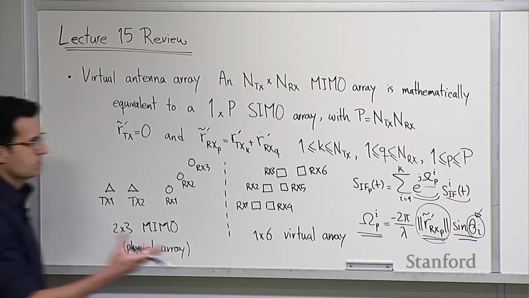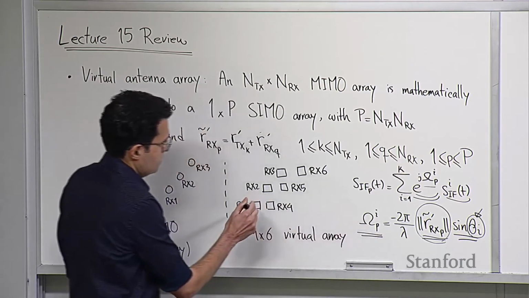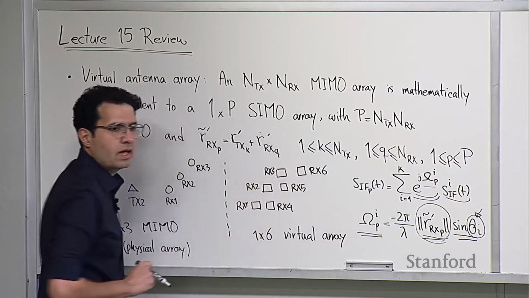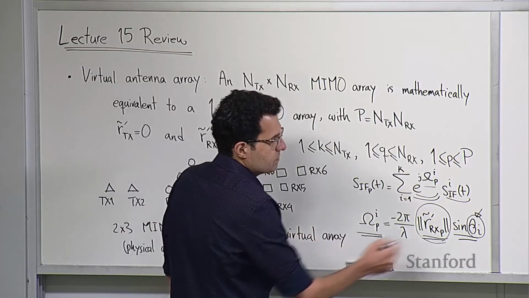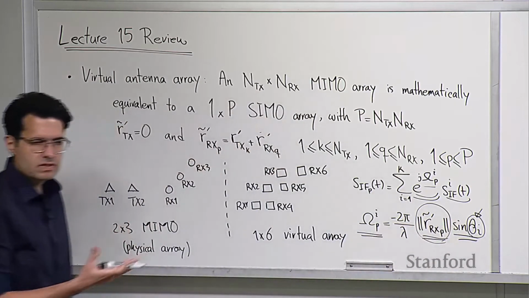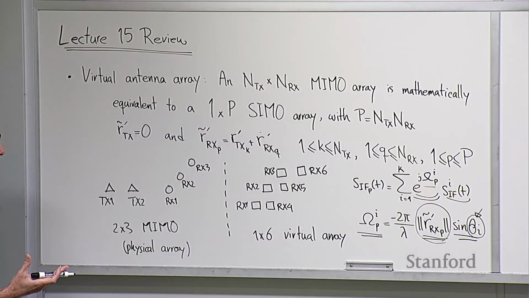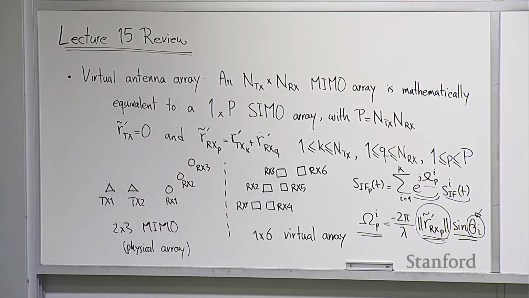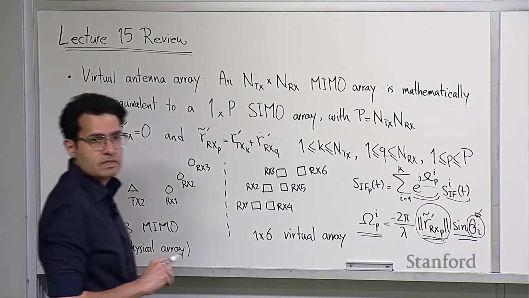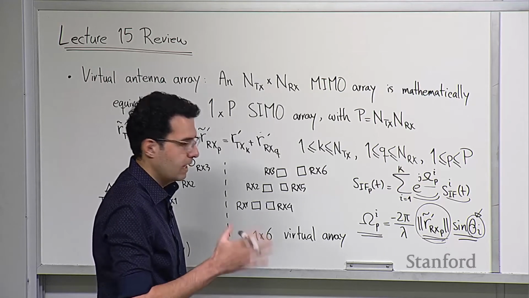And by geometry, I mean these positions. Here, the fact that they're positioned diagonally also affects the phases that you receive, in addition to the theta I. So from this, you can see that by changing the positions of the elements, it can affect the performance of your DOA. And we'll see exactly how it affects it today.